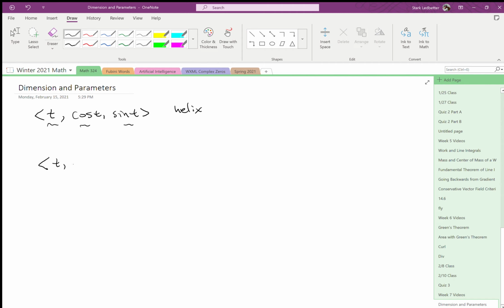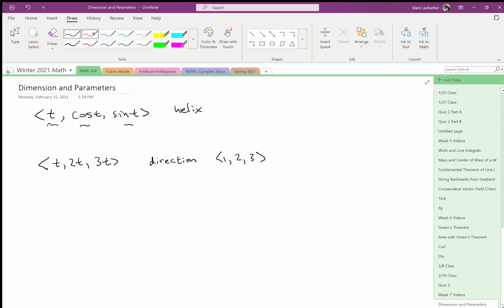This is a line. And remember, this was a line passing through the origin with direction vector 1, 2, 3. So we could walk as many units as we wanted, t units in the direction 1, 2, 3.